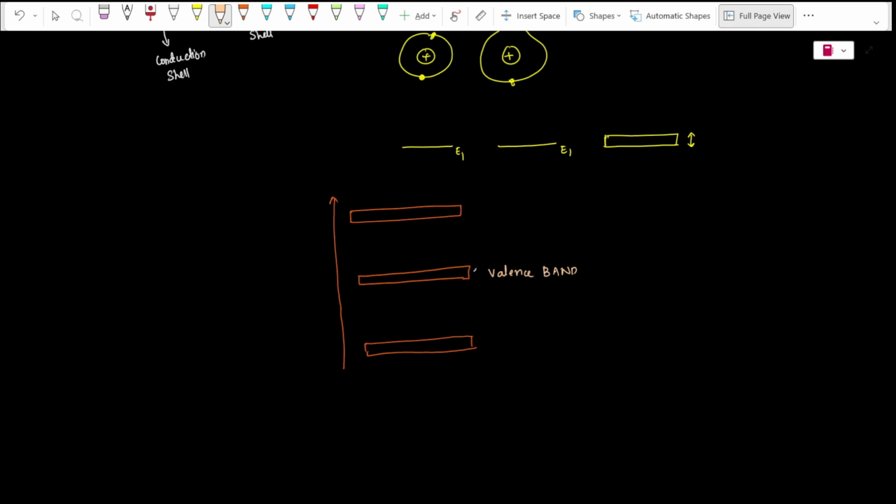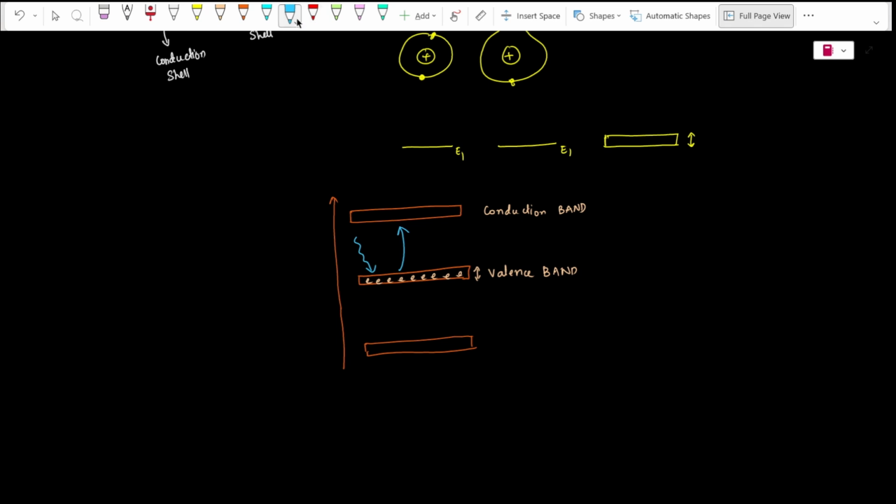Because you have a range of energy. And this is called a conduction band. As I have already mentioned, the valence band is completely filled with electrons and the conduction band is empty. And if I supply some energy, these electrons could excite to the conduction band.